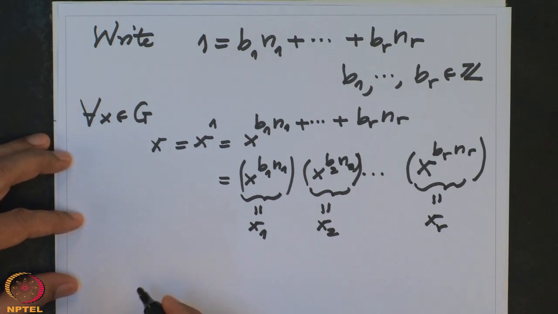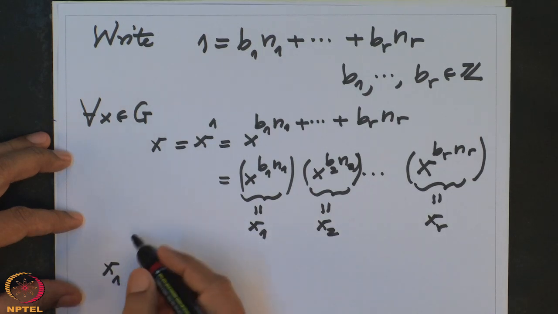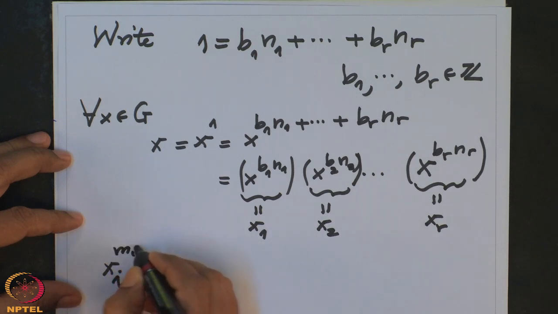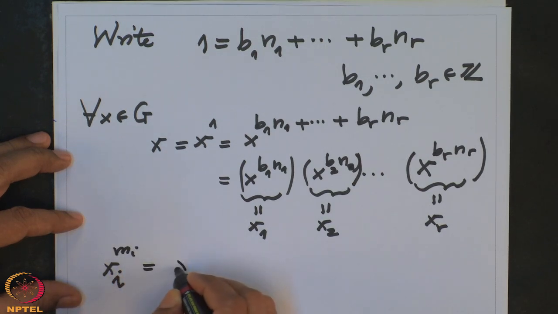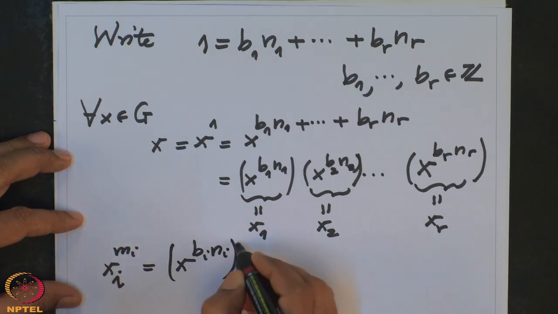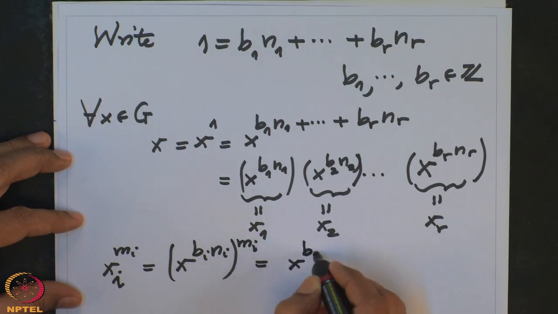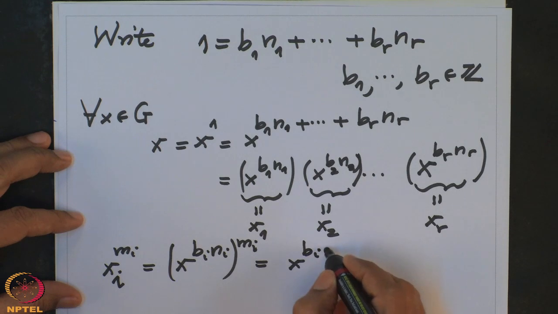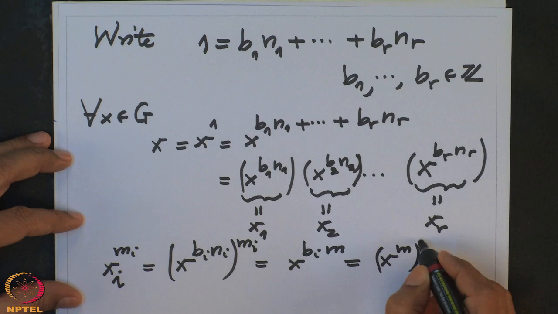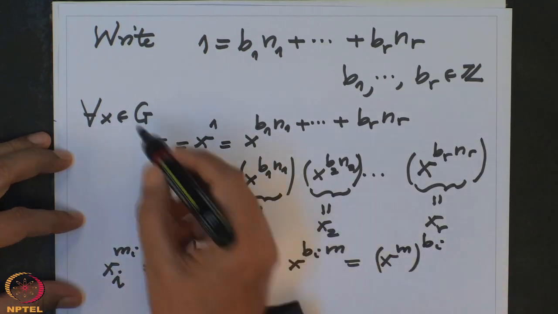And what about xi power mi? Xi is x power bi ni, and raising it to the power mi gives x power bi, with ni mi being precisely m. So this is x power m, all to the power bi. But x is an element in a group G whose order is m.